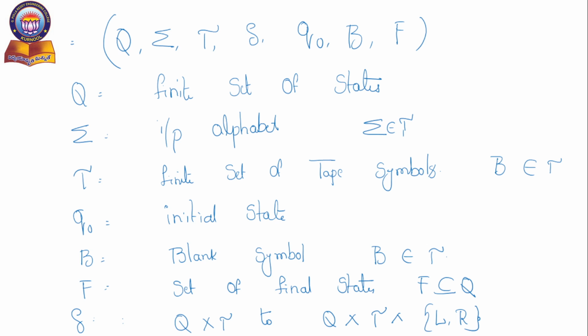Means by reading the tape symbol, being in a particular state, in a move, the machine will go to another state, will change the tape symbol by means of another symbol, and the input header will move either towards the left side or towards the right side, one cell.